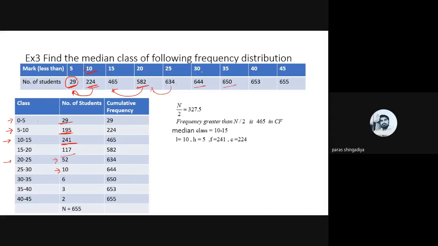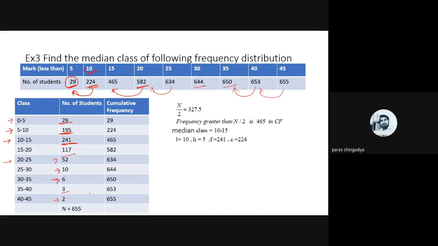So 650 minus 644 is 6. And 35 to 40 will be 3 students, 653 minus 650. And then 40 to 45, that is 655 minus 653, which is equal to 2.